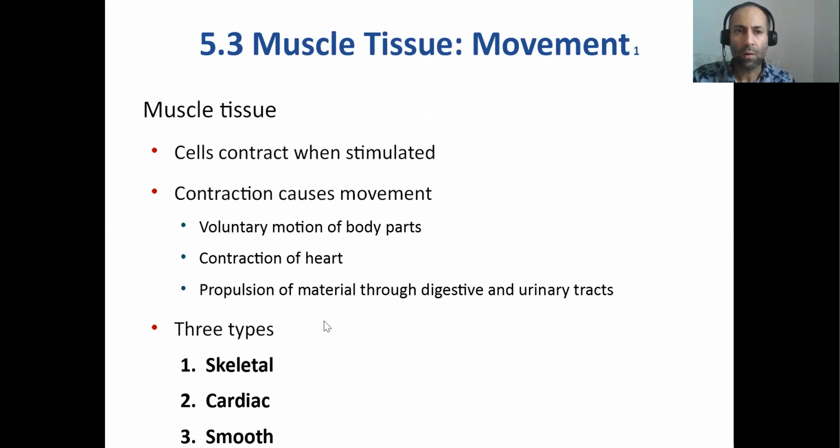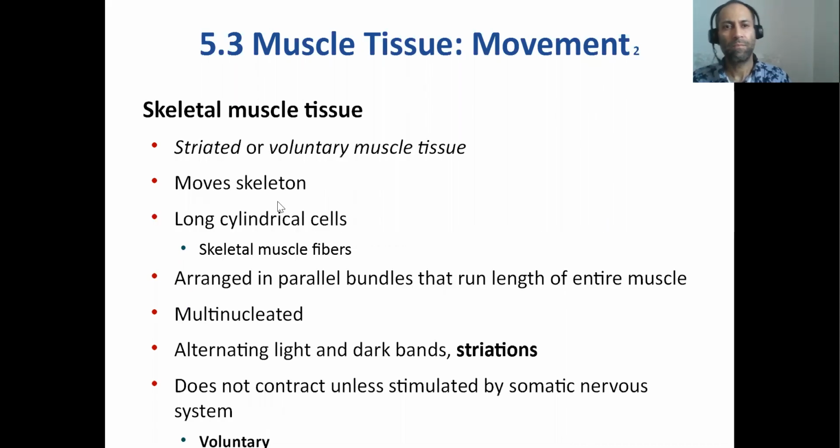So going on with those different types here, skeletal muscle tissue is also referred to as voluntary muscle or also striated muscle. Striation means stripes, okay? And that is because when you look at skeletal muscle under the microscope, you see this striped appearance because you have alternating bands of thick protein called myosin and thin protein called actin, okay?